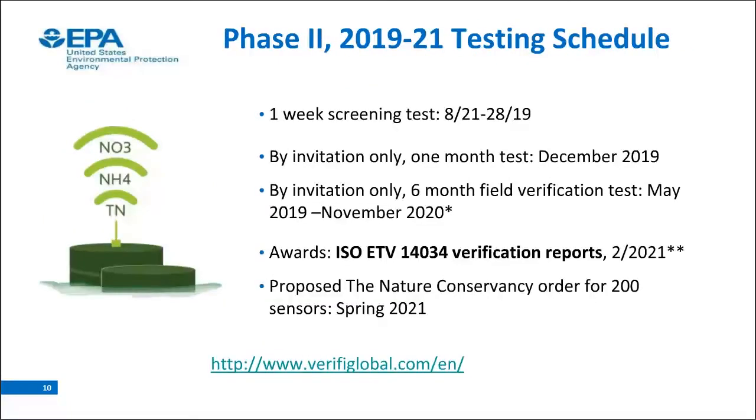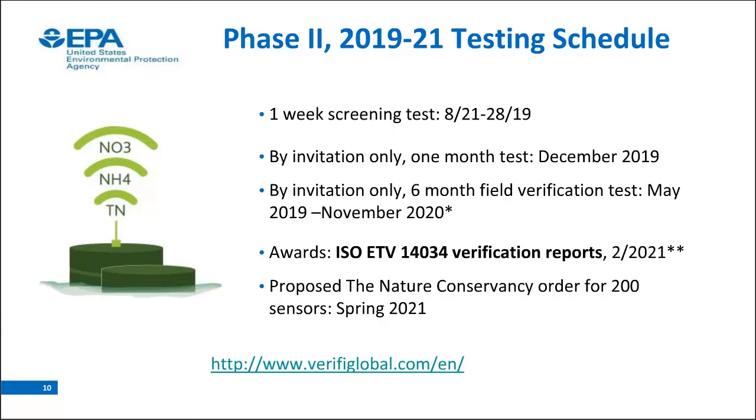The second phase involved field testing at the Massachusetts Alternative Septic System Test Center. We have a 1-week screening test coming up this summer. For entries that pass that 1-week test, there'll be a 1-month test in December. Following that, any successful candidates could go into a 6-month field trial.